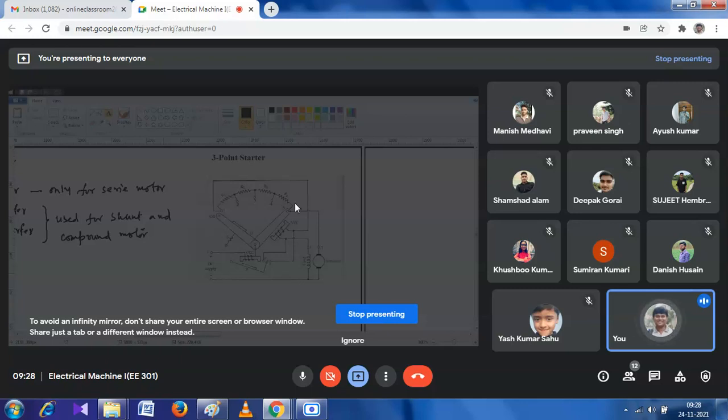And you should draw the diagram, don't take a screenshot. First draw the diagram, then you can take a screenshot.